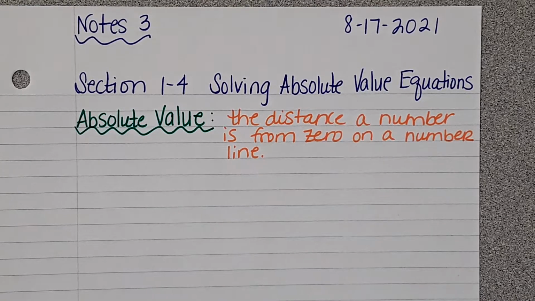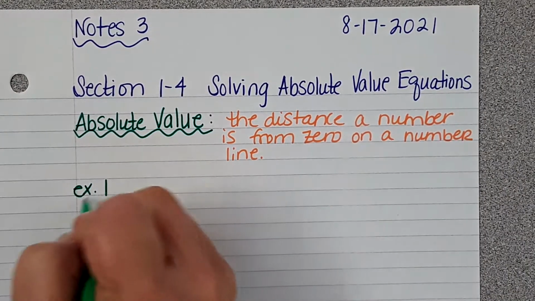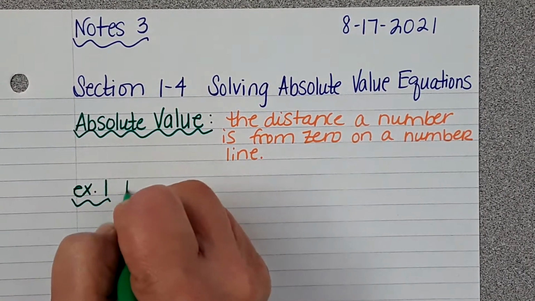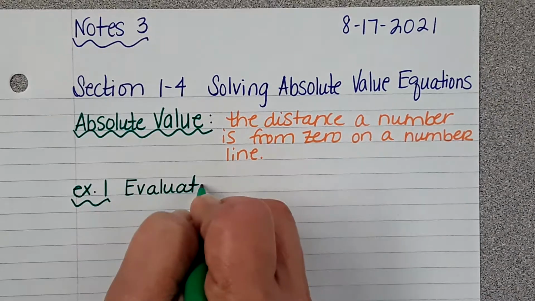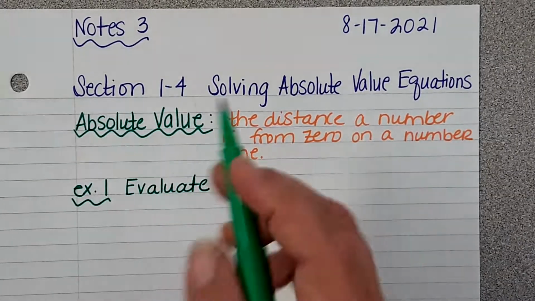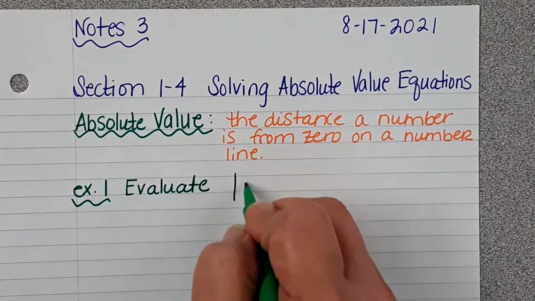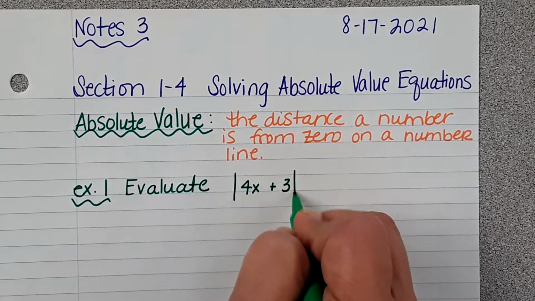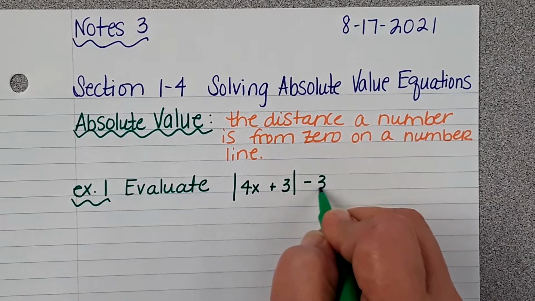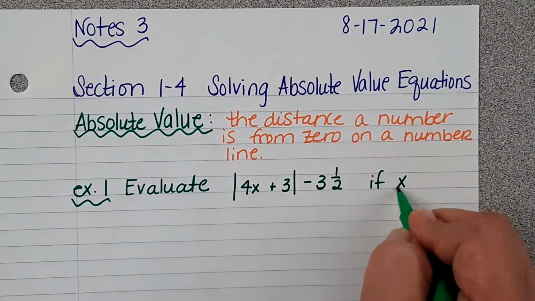Okay. So we're going to do example 1. Example 1 is an evaluation problem. What this means is we're going to plug in something for a variable. So we're going to evaluate the absolute value of 4x plus 3 minus 3.5 if x equals negative 2.